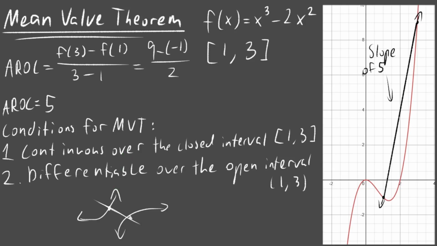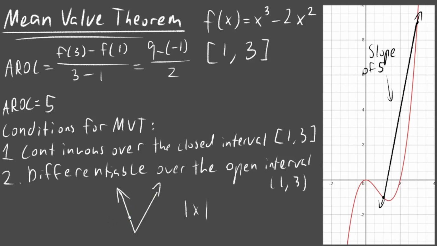So that's one example. If you see a function that's not continuous over that interval and you're asked to apply the mean value theorem, you're going to run into problems. You're going to have to tell them that it's just not possible. Okay, so let's think of another example. Let's say I have a sharp turn, like an absolute value of x function going on here. Let's try to apply the mean value theorem.